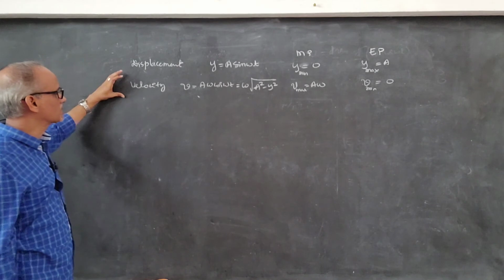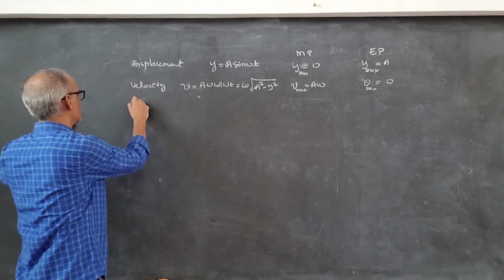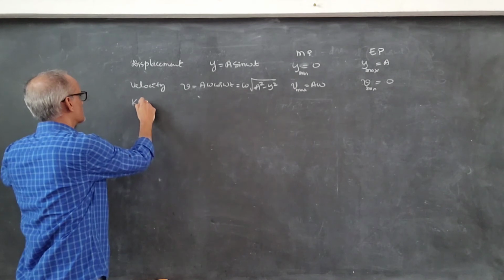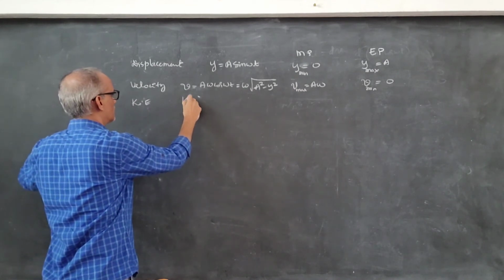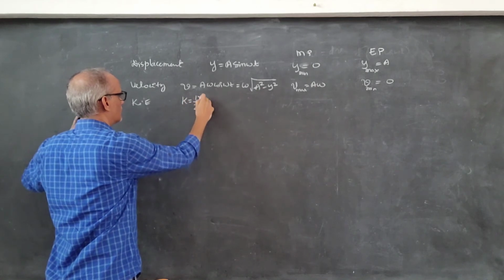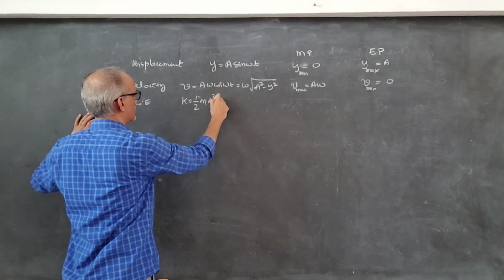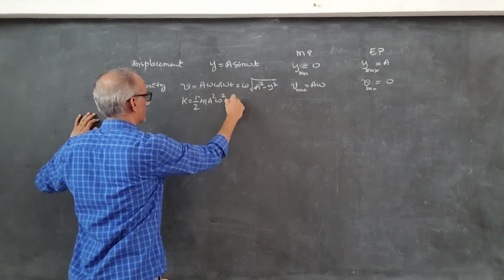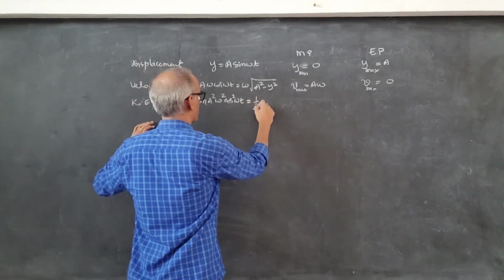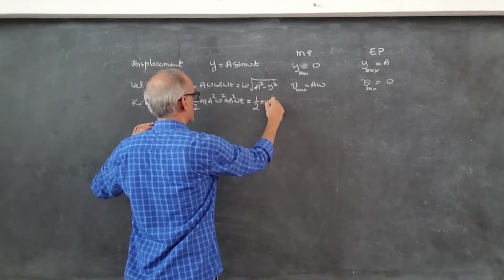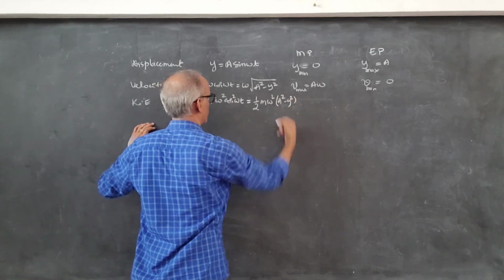And once you get the velocity, it's very easy to write the expression for kinetic energy. So I'll write here itself. This is for kinetic energy. So kinetic energy K is equal to half m v square, square of it. So this will be half m a square omega square cos square omega t, that's equal to half m omega square into a square minus y square.